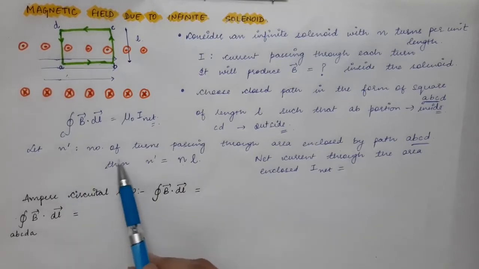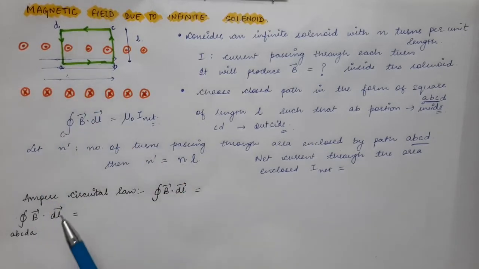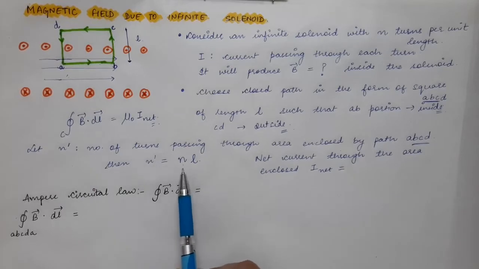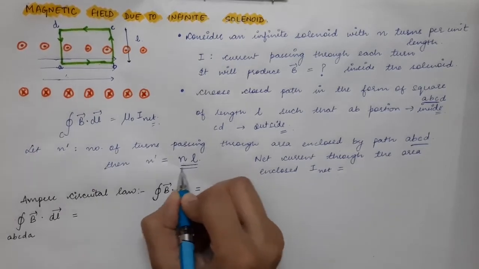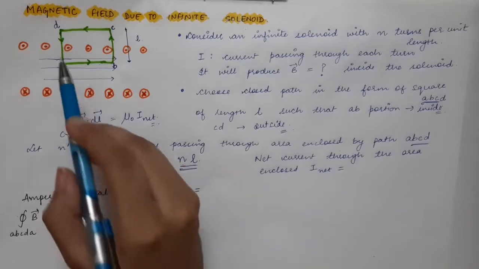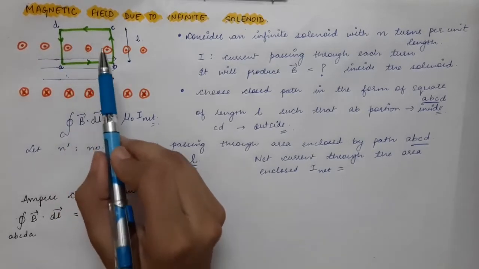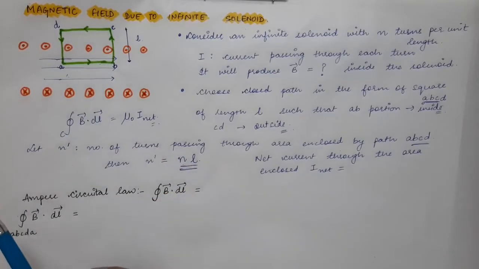So n prime are the number of turns passing through this area, and n prime will be equal to n into L. So these many wires are passing through this closed path.